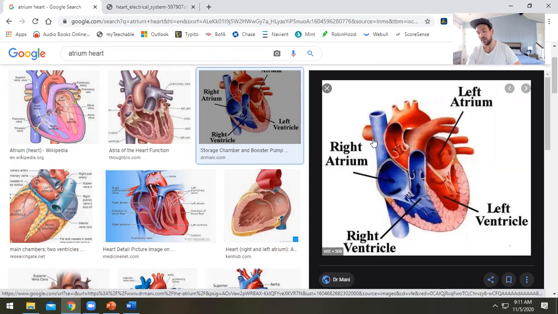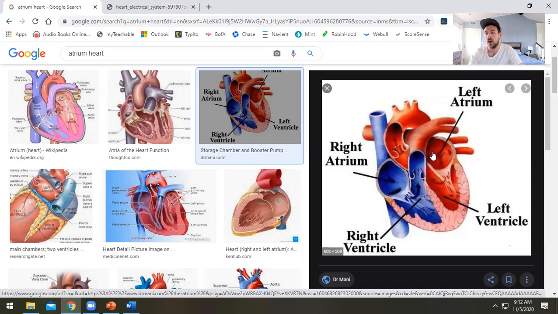Meanwhile, it's kind of hard to see, but this little tube back here is going to put blood in right here, and these two little tubes right here put blood in right here. That is blood traveling to the left atrium from the lungs. So the right atrium receives blood as it returns from the body, and the left atrium receives blood as it returns from the lungs.